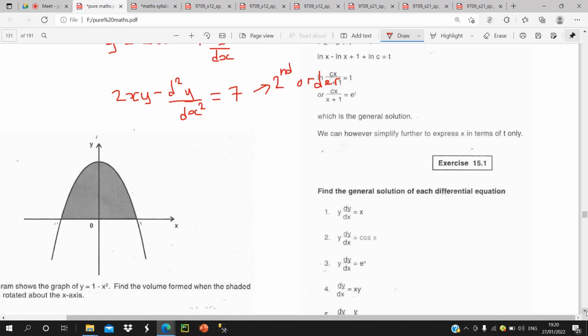When we are saying separate variables, we are saying the x terms on one side, the y terms on the other side.